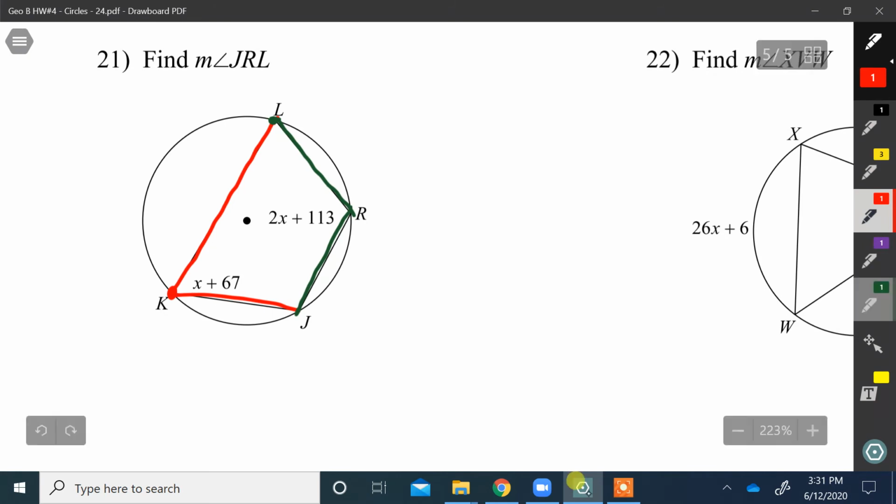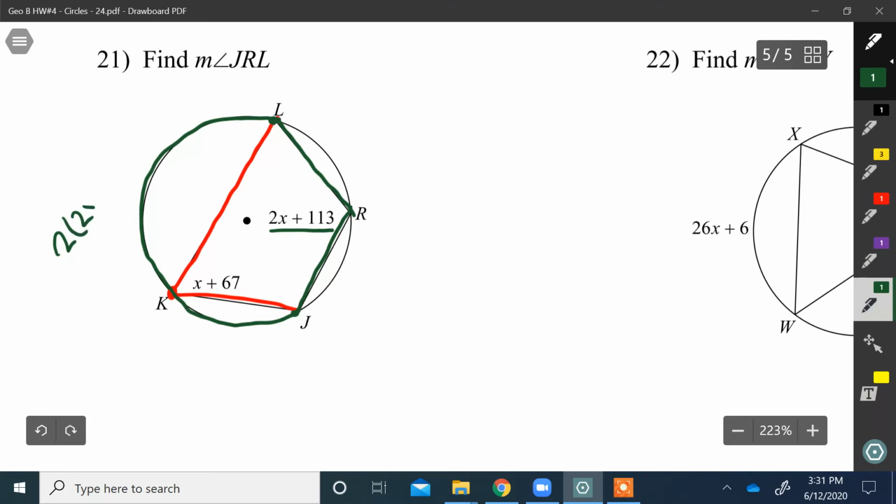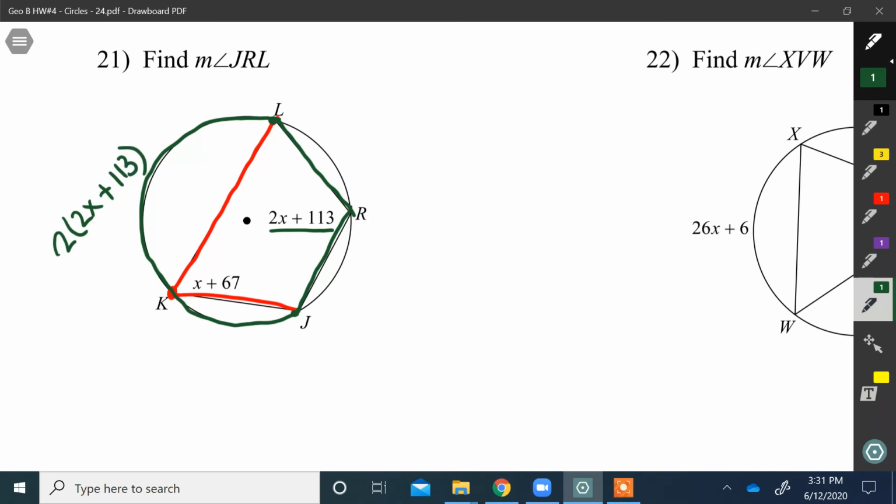Okay, so let's talk about the red portion right here. All of this right here is going to be twice as that. So this right here will be 2 times 2x plus 130. Okay, that's what we said yesterday, that's twice as that.